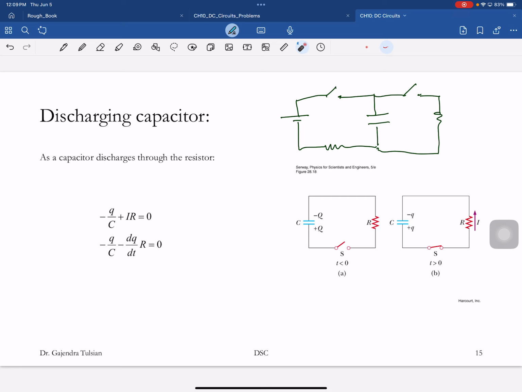So in the previous example, we studied the first part of this circuit. You close the switch and you charge the capacitor. And now we've charged the capacitor, we're going to open the switch, and now we're going to use the energy stored in here for whatever it is that we're doing. If this is a flash camera, you take a picture and the flash bulb goes on.